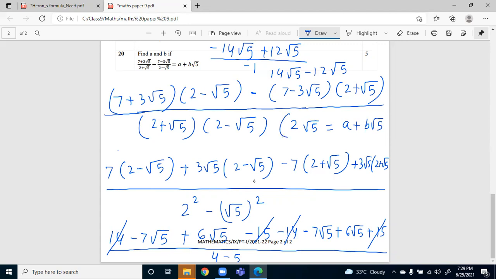There is only 2 root 5. So the value of a is 0. And if you compare b root 5 and 2 root 5, then you come to know that b is 2. So this is how we need to do this question.